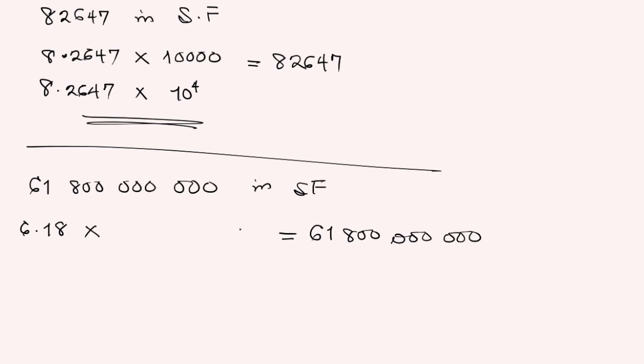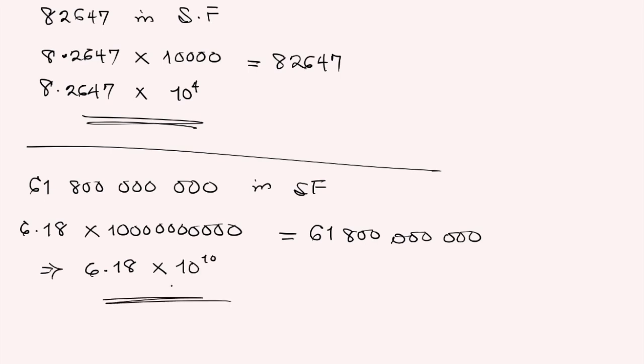Now we need to multiply this by, if we have our decimal point here like we have here, 1, 2, 3, 4, 5, 6, 7, 8, 9, 10. And that's going to be equal to 6.18 times 10 raised to the power 10. And that's the answer in standard form.